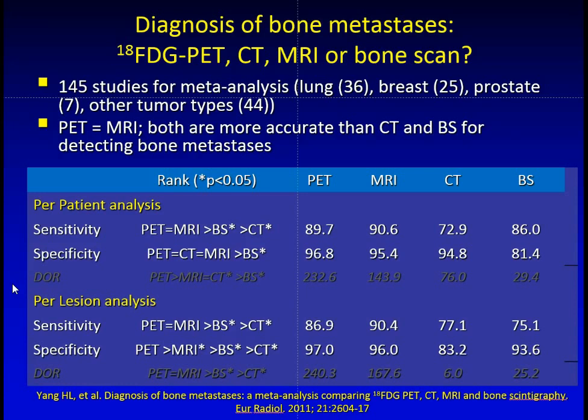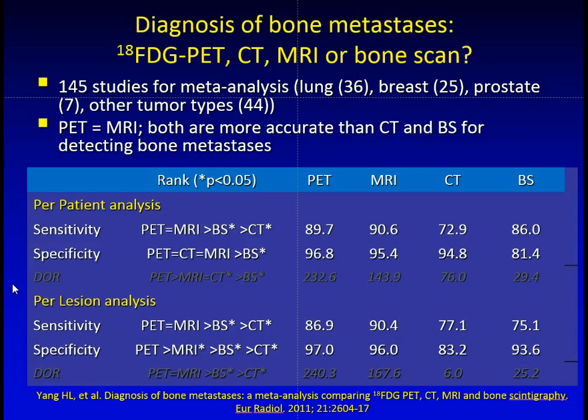And essentially it shows that both at the patient level and at the lesion level, PET and MRI scans have an equal performance, but both are more accurate than CT and bone scans for the detection of bone metastases.